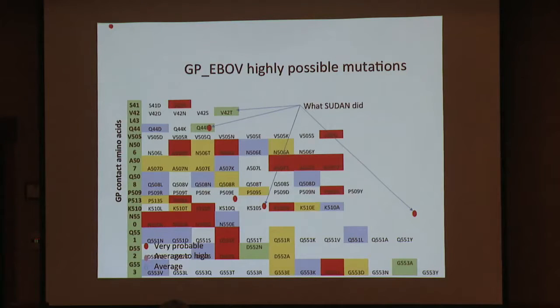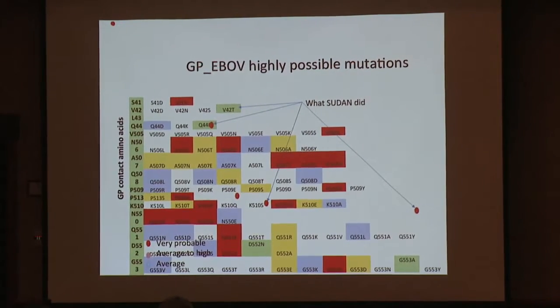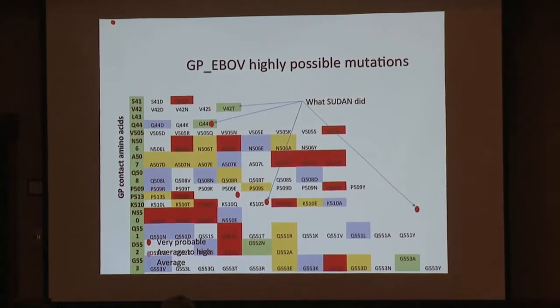One of the things we notice is that for the mutations that go from Zaire to Sudan, we know that's how they went because we have the sequences, and our informatics methods, as indicated by the red structures, mostly rated them highly likely. So the evolutionary path between Zaire and Sudan viral glycoproteins did follow a path that we would rank as highly probable.